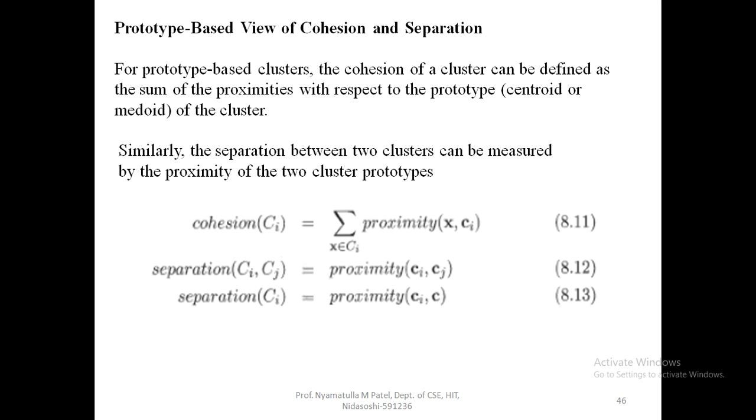Proximities means the nearby region with respect to the prototype. With respect to the centroid or the medoid, how many points in a cluster are closely related to one another can be defined as the cohesion in a prototype based view.